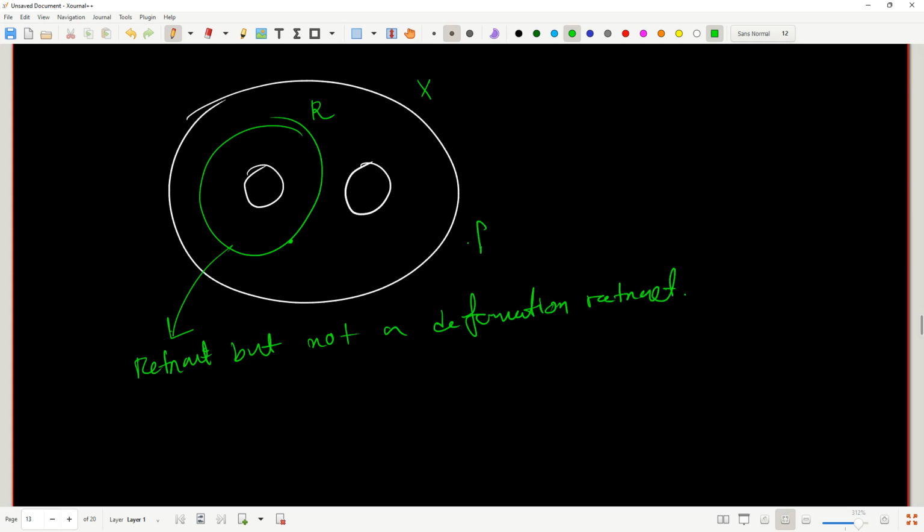Because you can think of some F that will take data from here and map this to R, and the hole over here doesn't affect it. But if you try to have a continuous family of continuous deformations, this hole would be a problem. This hole wouldn't let you do that. So that's why this R is a retract, but not a deformation retract.